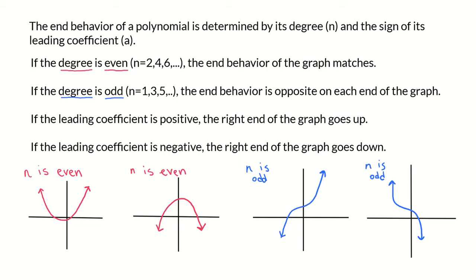So if the leading coefficient is positive, so the coefficient of the degree term is positive, then the right end of the graph goes up. So in this first graph, where n was even, the right end of the graph is going up. So that means that the A number is positive. So we'll write that A is greater than 0.